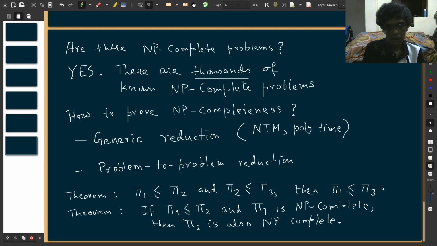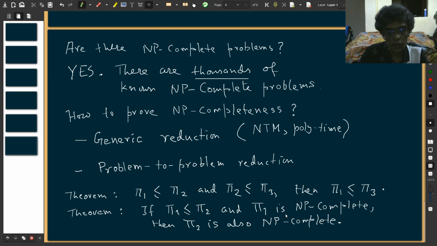Again, I am not furnishing any proof because it seems obvious. From every problem pi prime in NP to pi 1 there is a polytime reduction, and from pi 1 to pi 2 there is a polytime reduction. Therefore, by this lemma, from every problem pi prime in NP there is a polynomial time reduction to pi 2. So pi 2 is also NP-complete. I am not writing this formally.